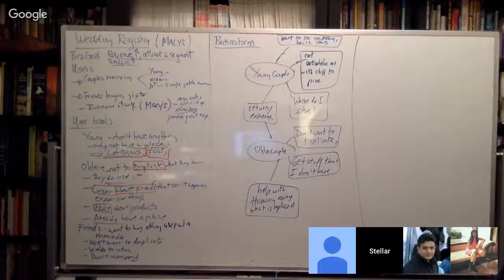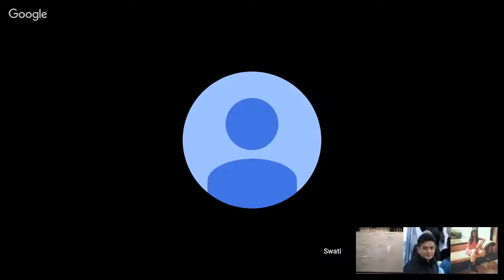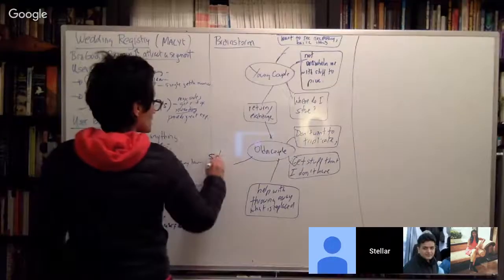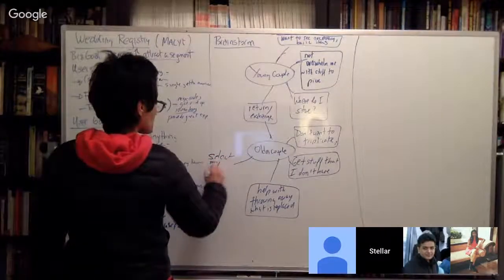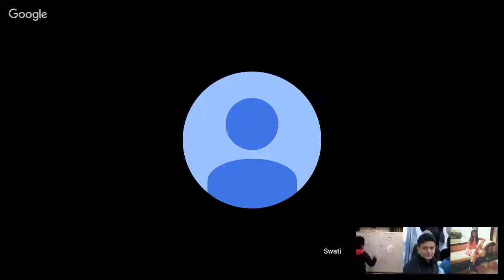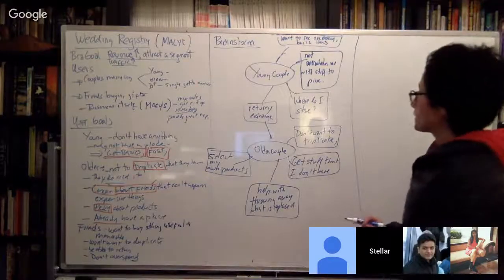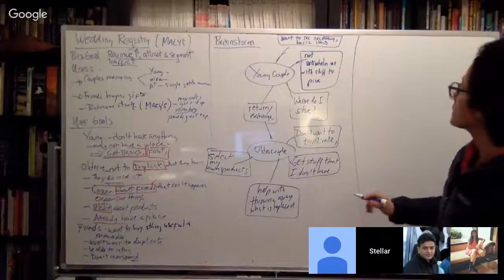What else? We said that they might be picky about products, so they want to select their own specific products. Okay, so we have a bunch of things here. These are all needs.